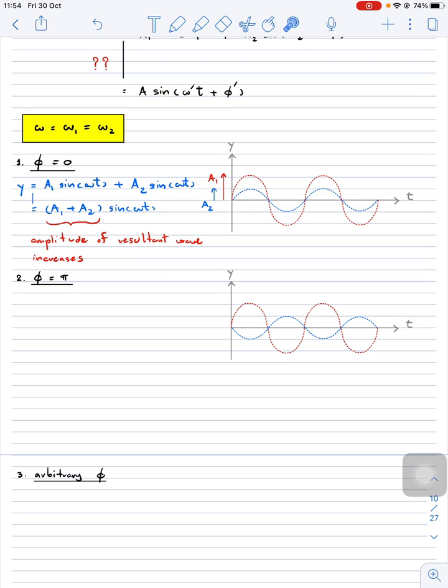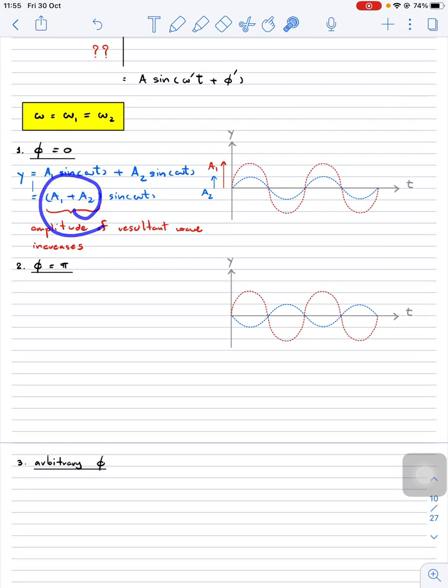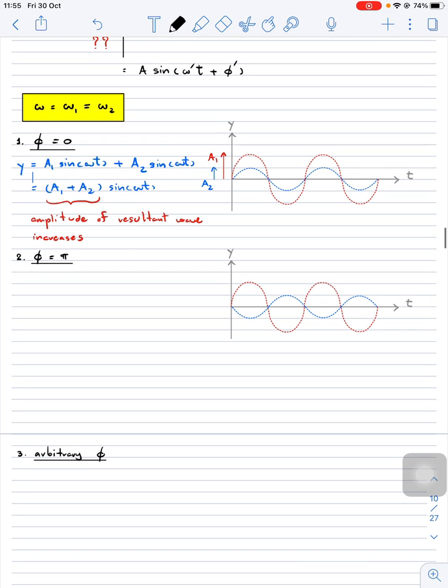Finally, we're going to have the total amplitude equal to A1 plus A2. A2 is 1 block and A1 is about 2 blocks, so A1 plus A2 must be equal to about 3 blocks. So it's going to go something like this.